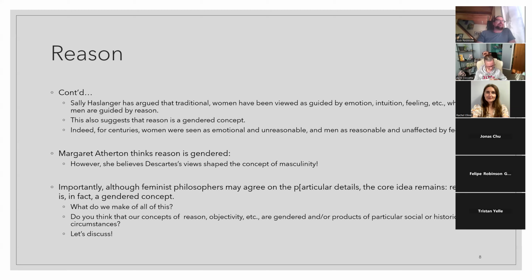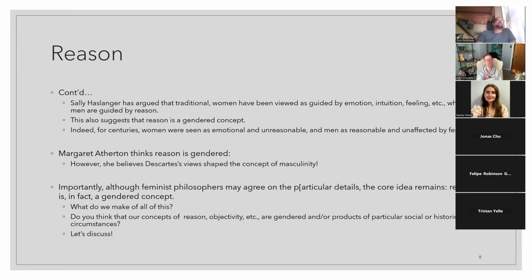Margaret Atherton agrees with Haslinger on this too. Maybe Descartes' own views shaped the concept of masculinity, in the sense that people tend to think that men are more reasonable because there's a sort of cultural precedent.